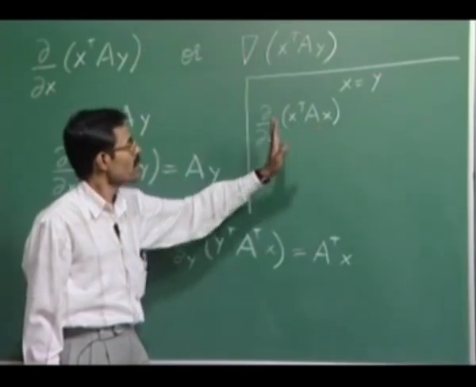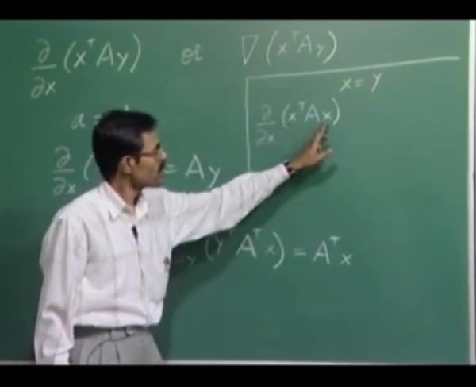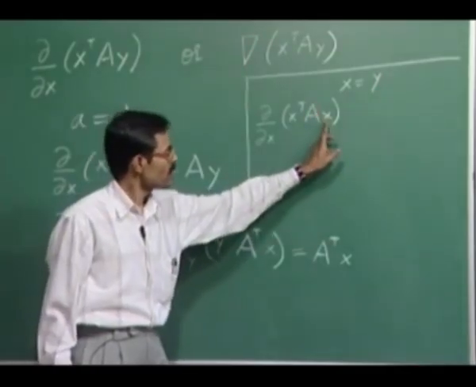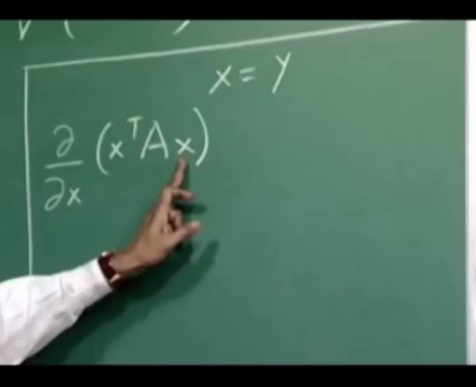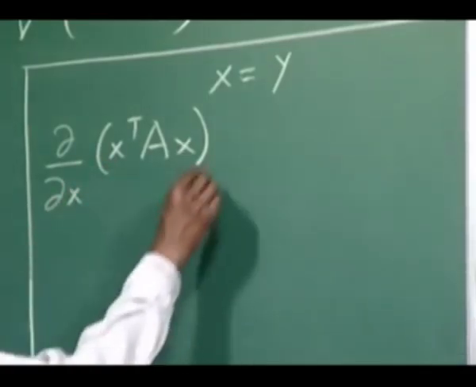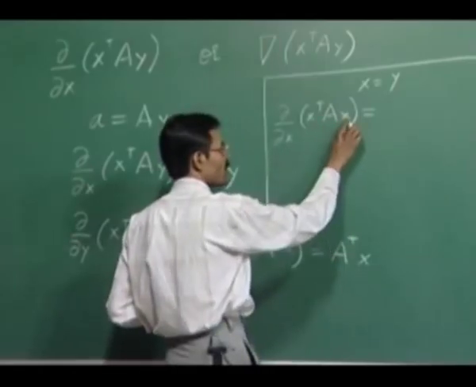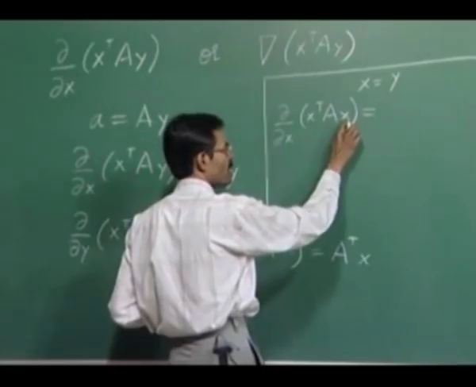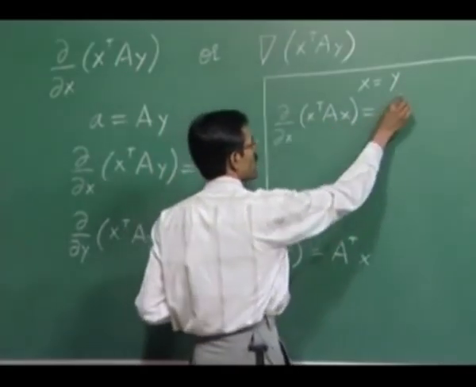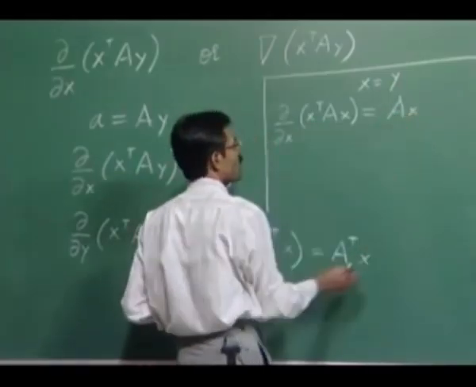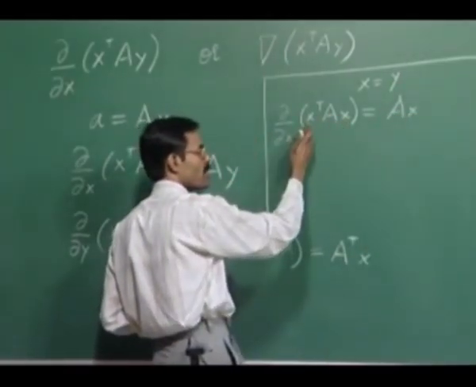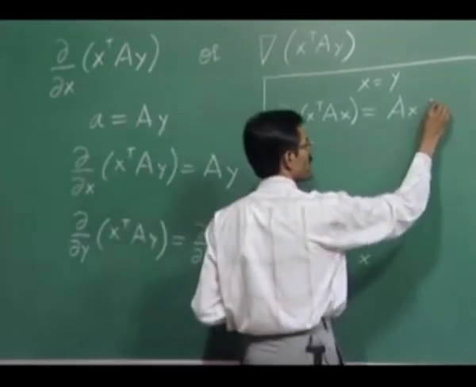One, considering this x as variable, treating this as constant, and the other in which we will be differentiating this x, treating this as constant. In the first one, where this x has been considered as constant, we will find that the derivative is A x. On the other hand, in the second case, where this is differentiated and this is kept constant, we will have the derivative as A transpose x.